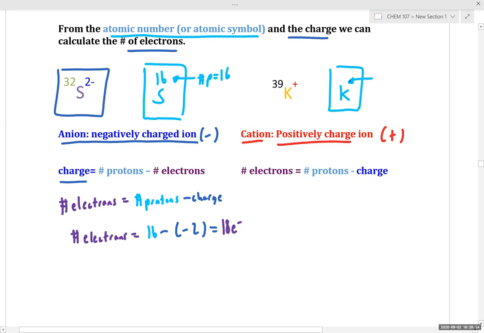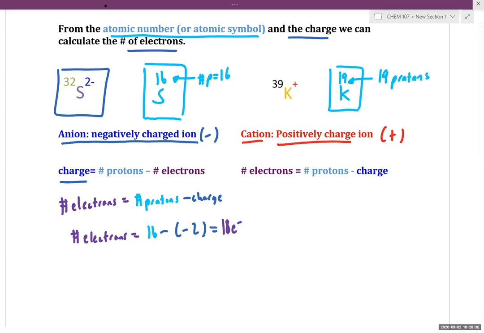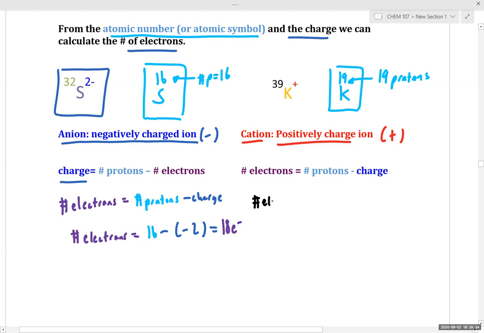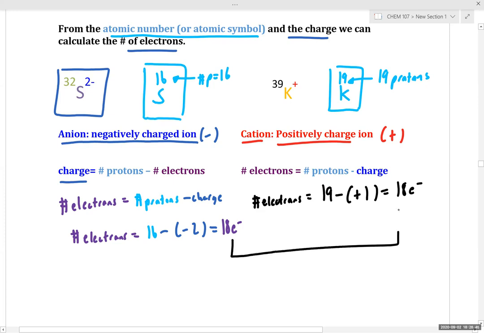So how many protons does potassium have to its name? Potassium has an atomic number of 19, so in turn, it has 19 protons. So then, solving for our number of electrons, we get 19 protons minus the charge of +1, that gives us 18 electrons.